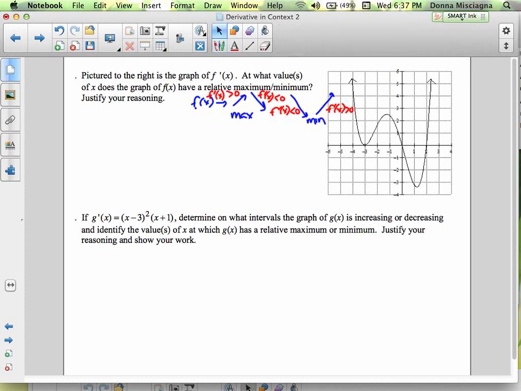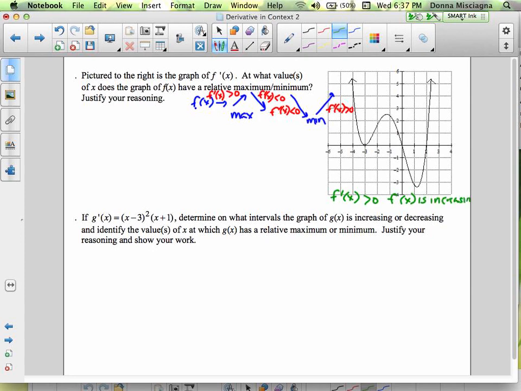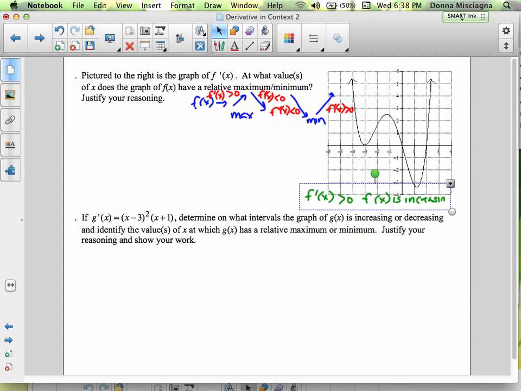So, let's color code the graph, and we'll mark where it's increasing and decreasing, all right? So I'll mark it in green. F prime of x is greater than 0, f of x is increasing. Doesn't let you write off the board.